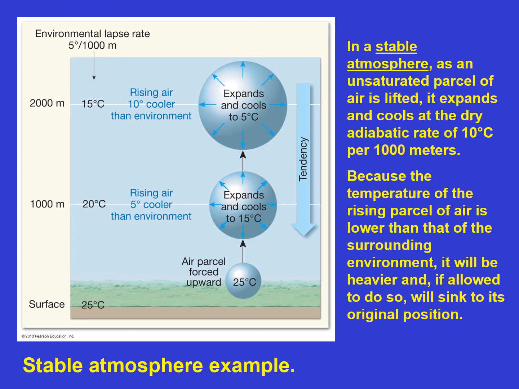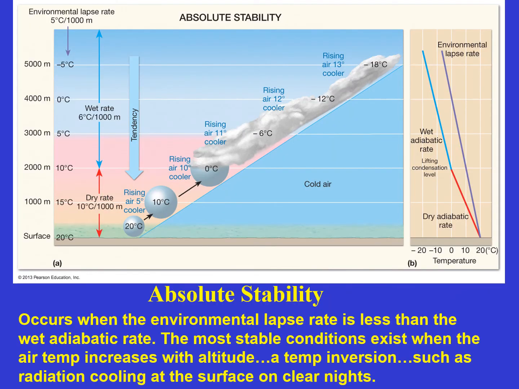Remember that the environmental lapse rate is an average. It actually varies. So whether or not your air is stable depends on what the environmental lapse rate is doing at that time. And in this case, it's 5 degrees per 1,000.